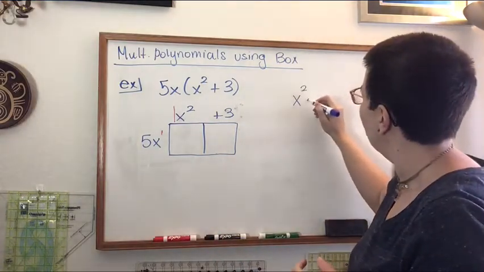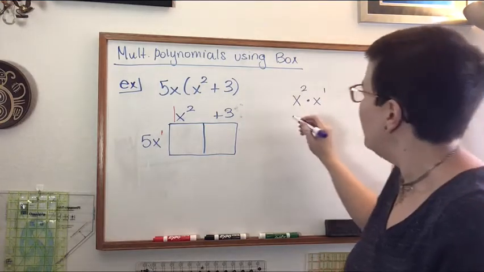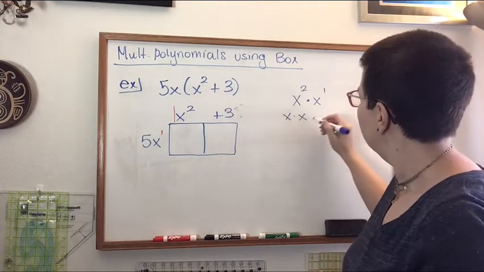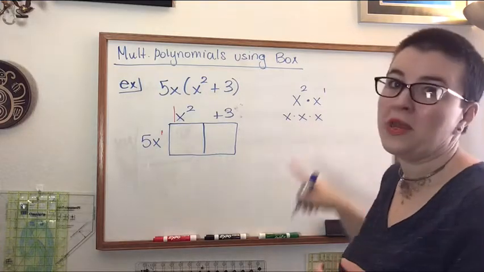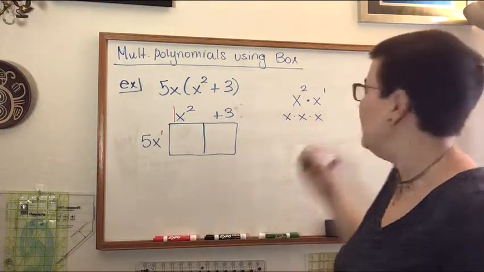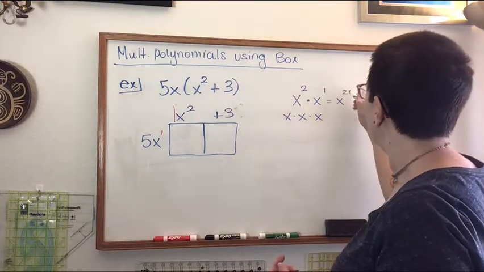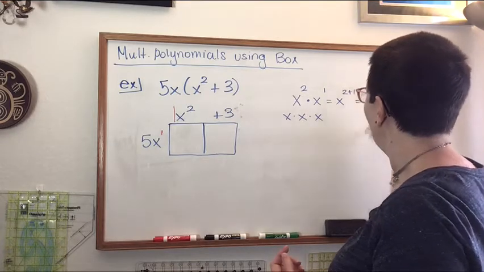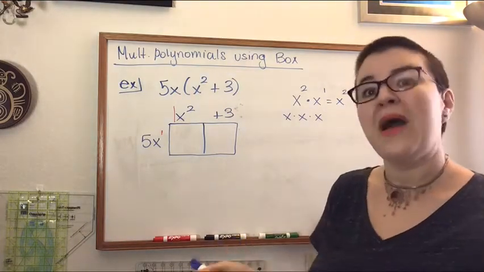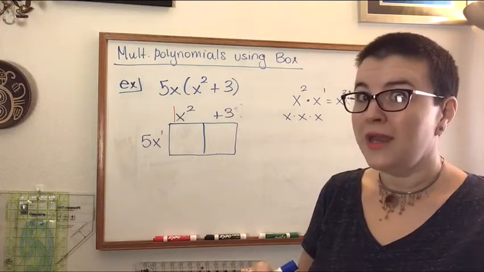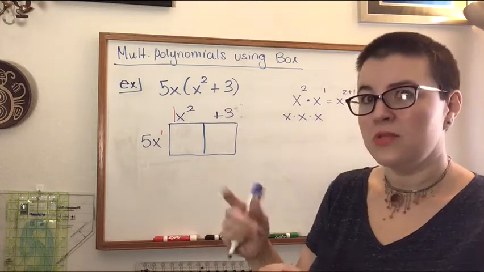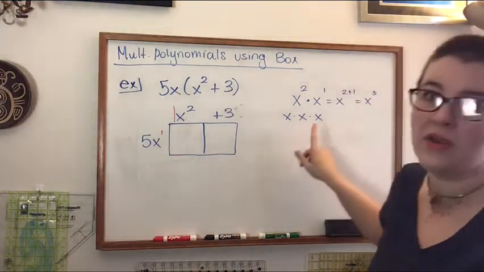Here's my x squared times x to the first. X squared is x times x. X to the first is x, so how many are there? There are technically 3 of them. So when you're multiplying with variables, the powers add.